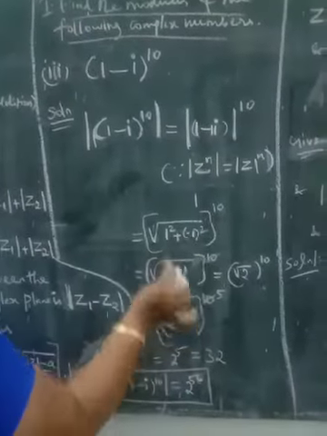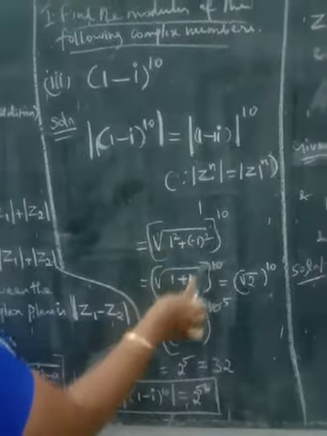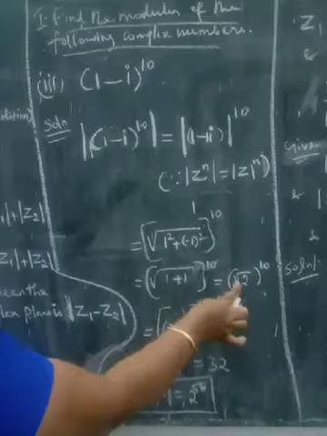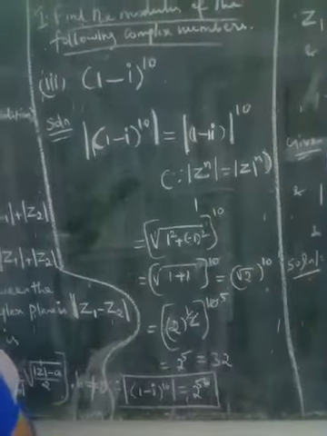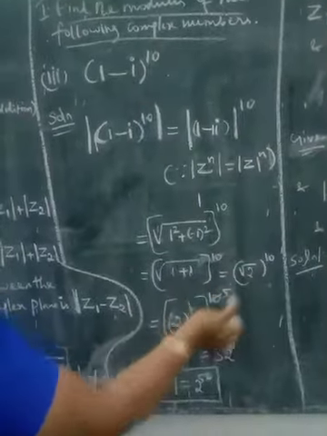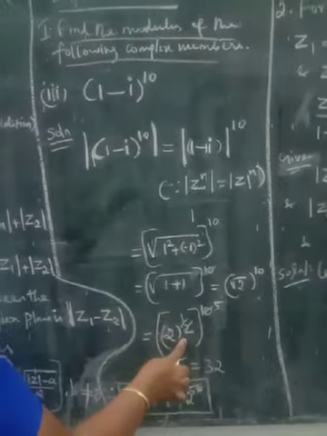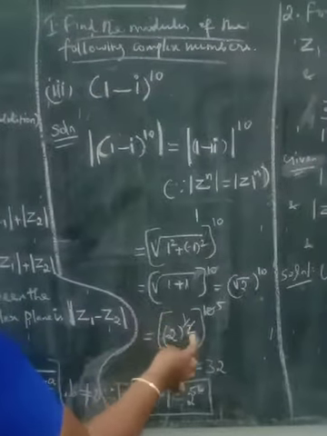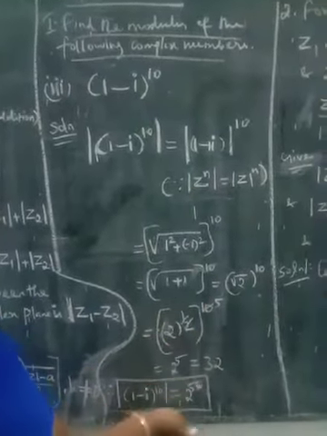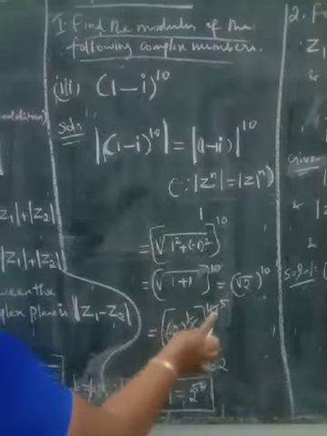and its square. Now simplify this. 1 square is 1, minus 1 square is 1. If we add this, we get 2. So root 2 the whole power 10. Now the square root of 2 can be written as 2 power 1 by 2. Suppose cube root of 2, how can you write? 1 by 3. Fourth root means 1 by 4. Okay, so 2 power 1 by 2, the whole power 10.